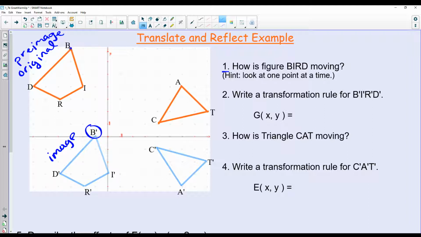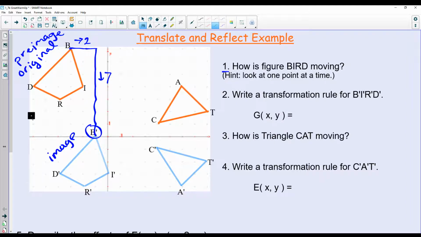If I take point B and I shift 1, 2 over, and 1, 2, 3, 4, 5, 6, 7 down. So if I go 2 to the right and I go 7 down, it appears that I have found my new point. Then you just need to check that for all of them.